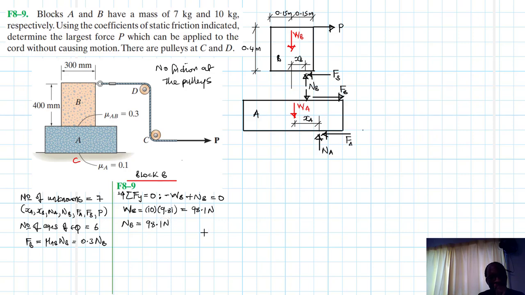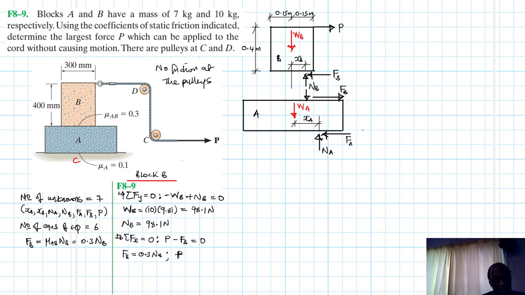Right. Then we have summation of forces in the x equal to 0. What do we have? So we have P minus FB equal to 0. And then FB we know that is just equal to 0.3 NB.